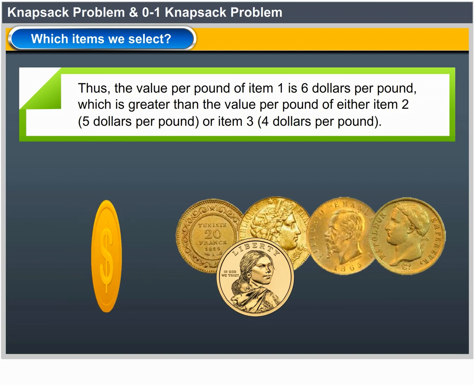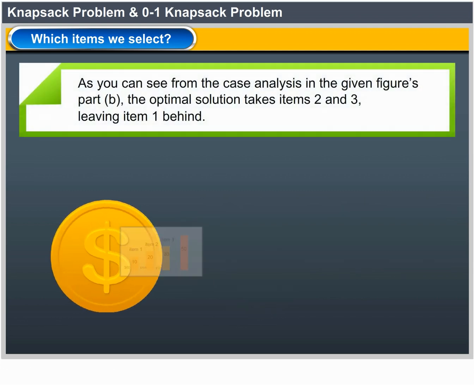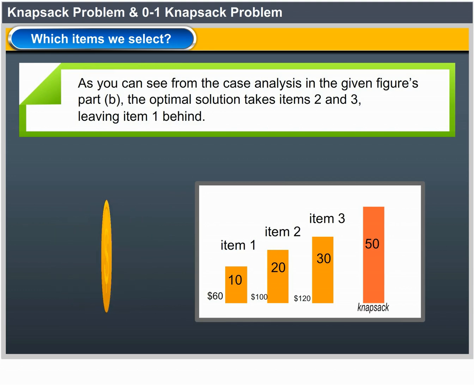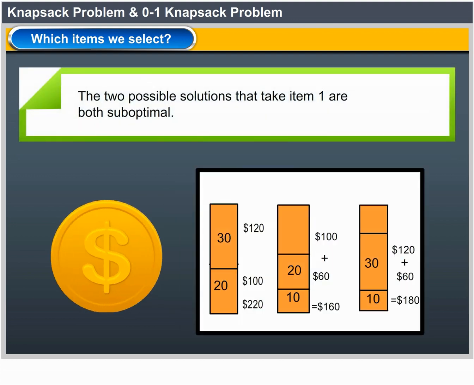The greedy strategy would take item 1 first. As you can see from the case analysis in this figure, the optimal solution takes items 2 and 3, leaving item 1 behind. The 2 possible solutions that take item 1 are both suboptimal.